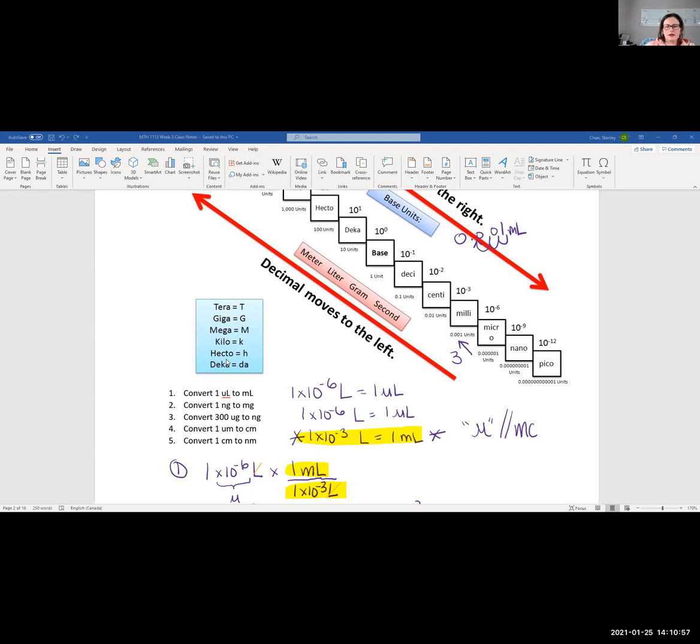Okay. So here we're converting from microliters to milliliters, and that's something you'll see in the healthcare field. Okay, I want to highlight. There we go. So micro is right here, and we're jumping to milli, right? So this is times 10 to the negative 6 to times 10 to the negative 3.